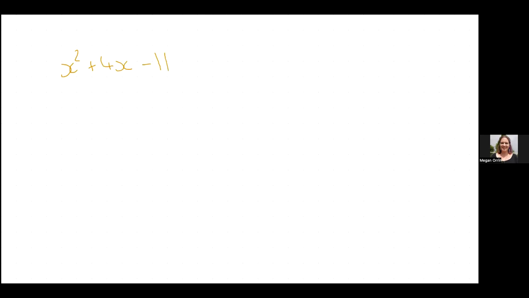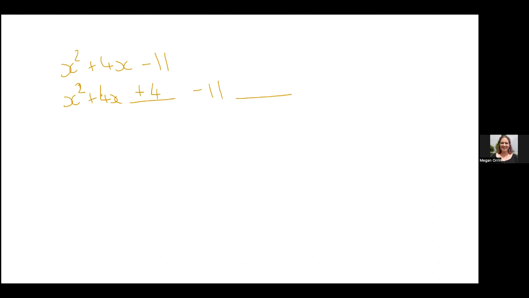But if it was a perfect square, what number belongs here? 4, right? Because 2 plus 2 is 4, and 2 times 2 is 4.